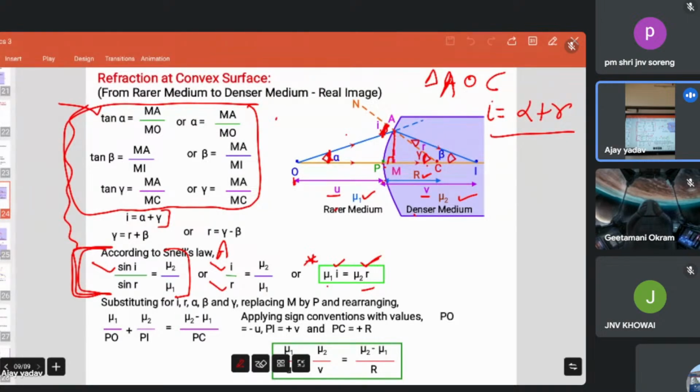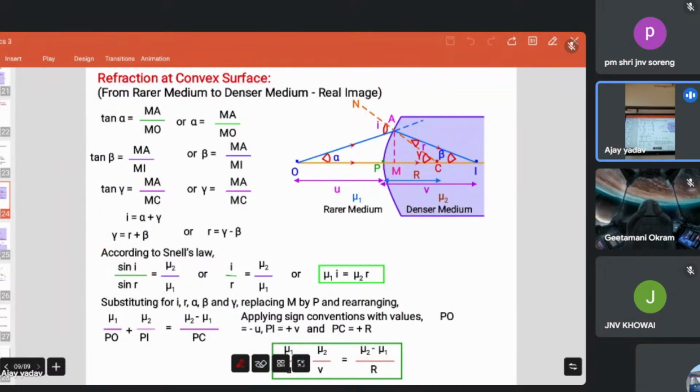Similarly, for the angle of refraction, we take this triangle. This is beta, this is gamma, this is R. Look at the triangle ACI. In this triangle ACI, R and beta are the interior angles, and gamma is the exterior angle.